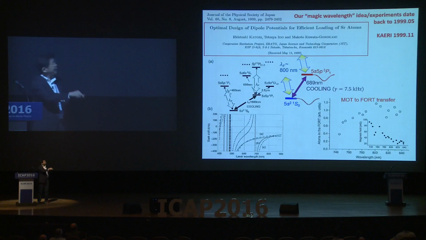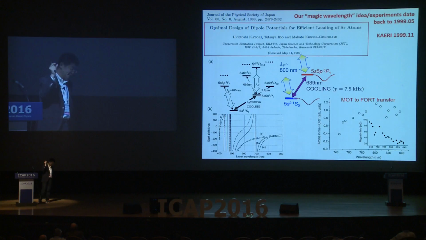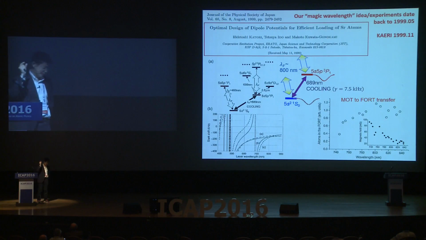So this is back to 1999 when I first visited Korea as a speaker. At that point, we were very excited about the efficient loading of strontium atoms into a dipole trap because we wanted to make BEC with strontium.